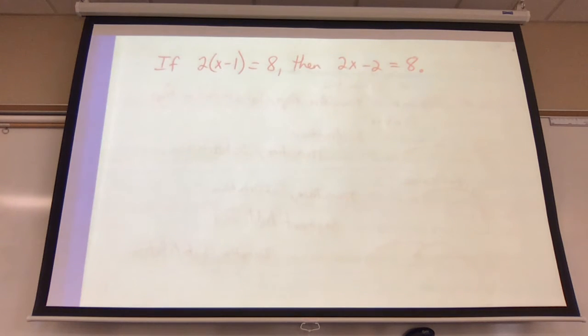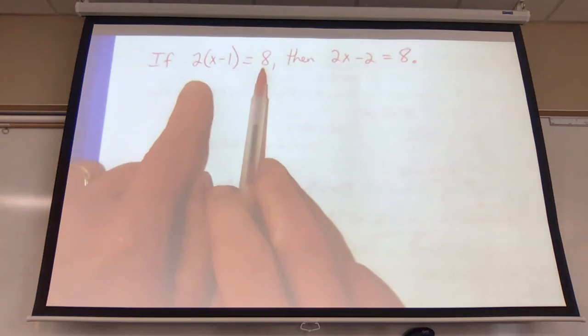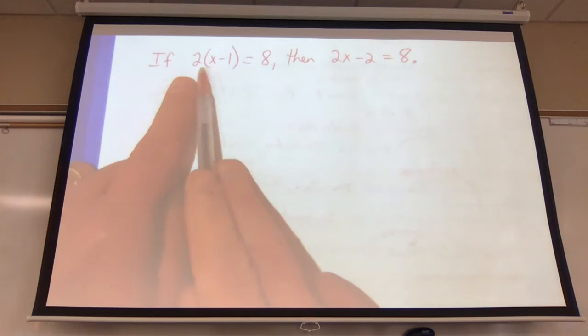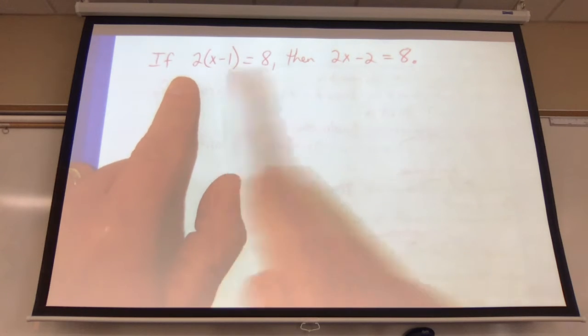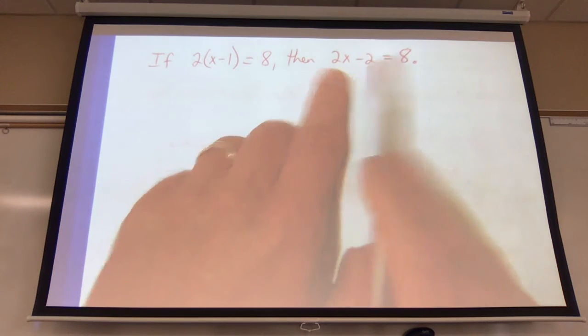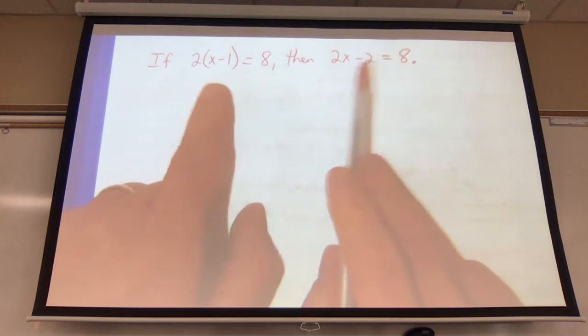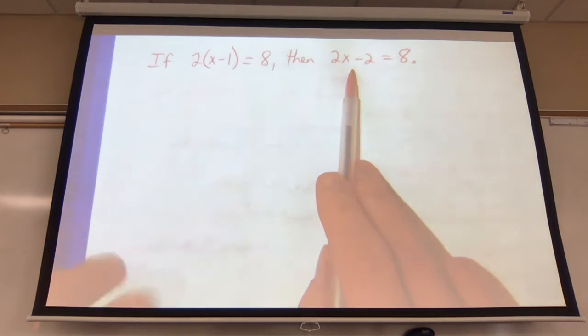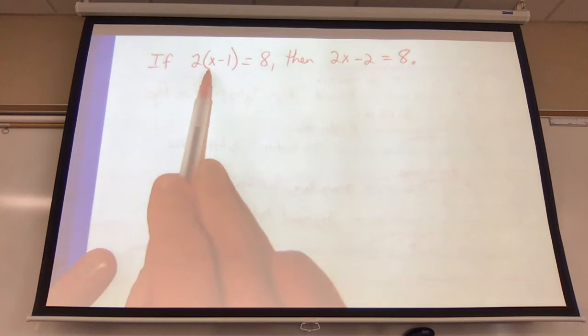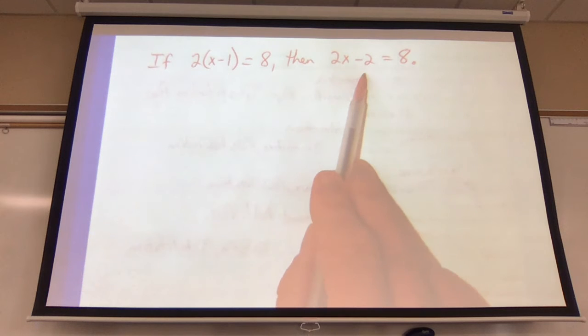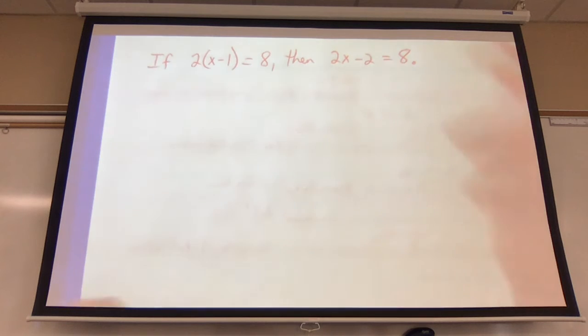We have to figure out what property that is. So from the if part to the then part, the 2 times the quantity x minus 1 changes to 2x minus 2. The 8 on the right stayed the same. So the only thing that changed was the front part here. What property allows us to say that 2 times the quantity x minus 1 equals 2x minus 2? That is distributive. Very good.